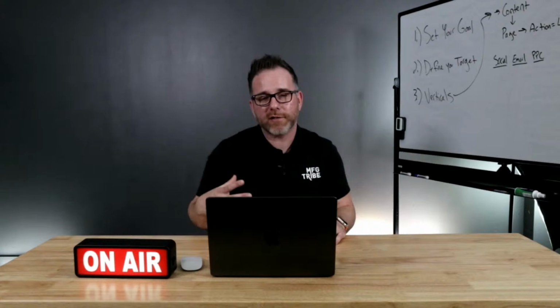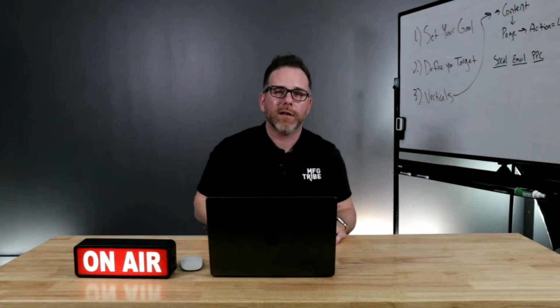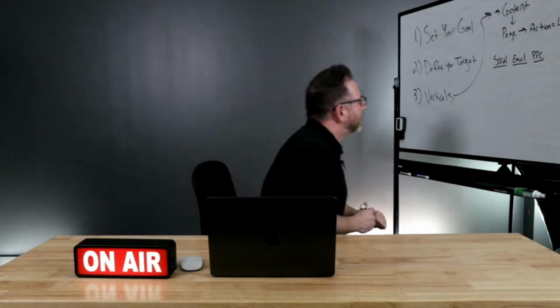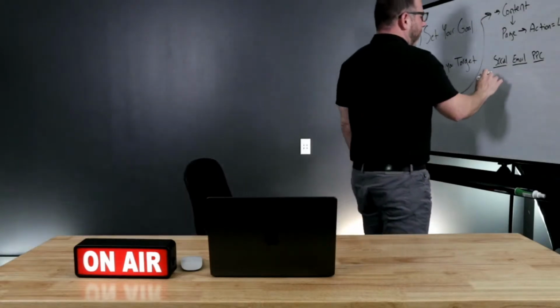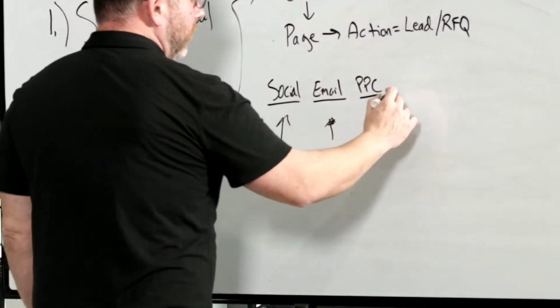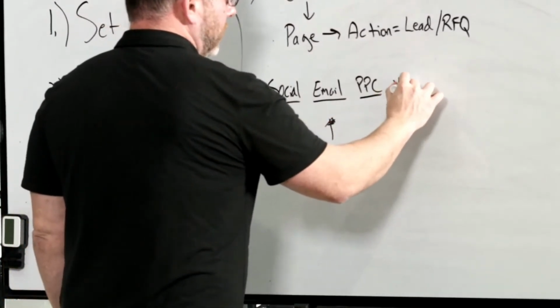It may cost a little bit more to get things going, but once you look at the whole system, the ecosystem, you're good. So we've got social, email, PPC. These are the pillars that are going to be holding everything up. What else can we do? You could go organic video, right?